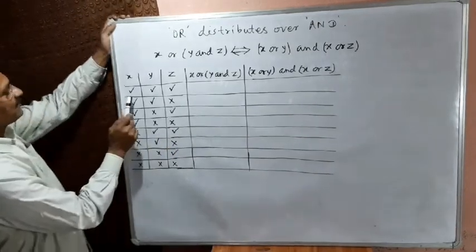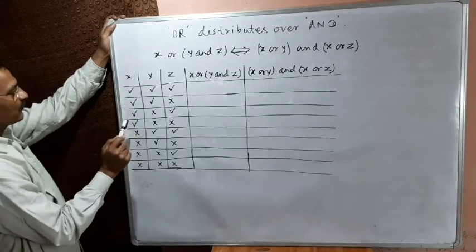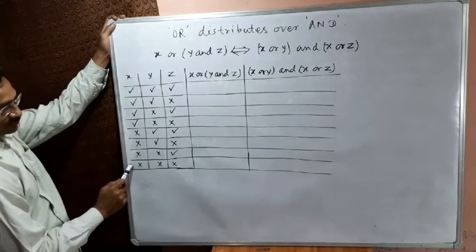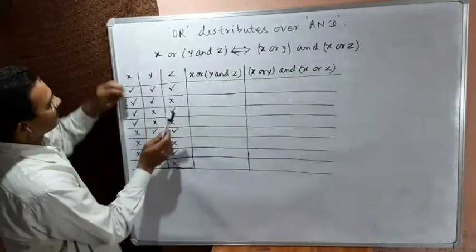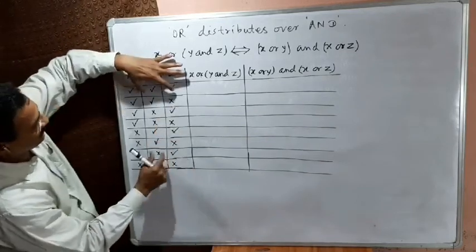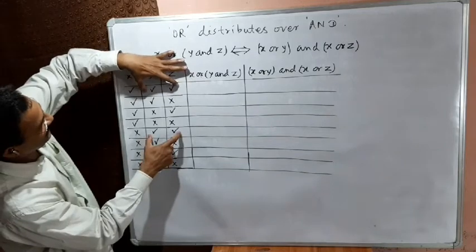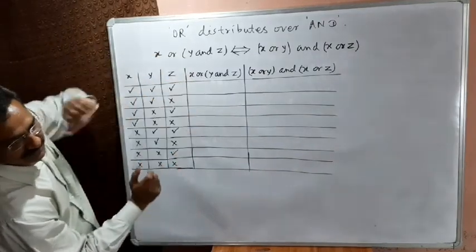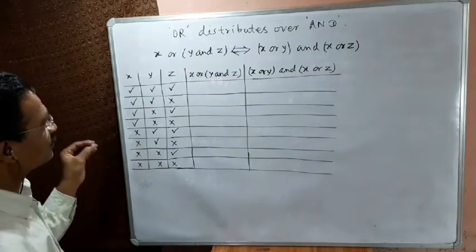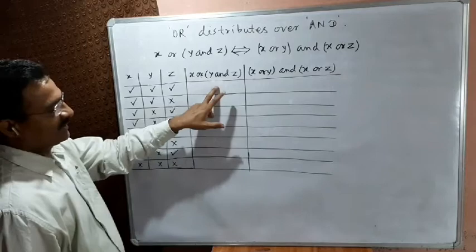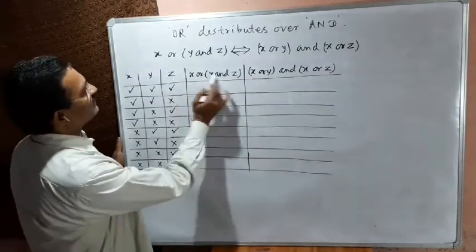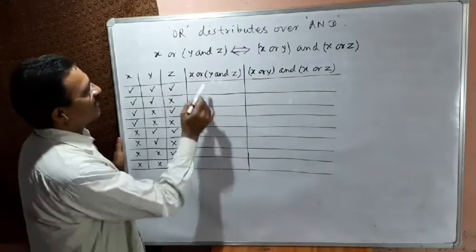So initially I have taken all the 4 different cases, correct, correct, correct, and next 4 cross, cross, cross. And here these 4 you have understood before, and again these 4. See, same, like this. There are 8 possibilities, and we try to understand the truth value of this, and then this. First this. Now understand this statement, X or Y and Z. How will it happen?